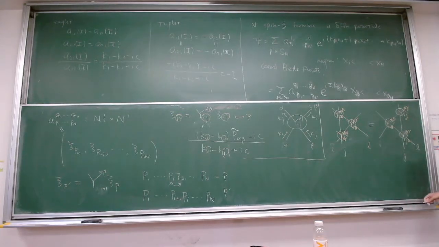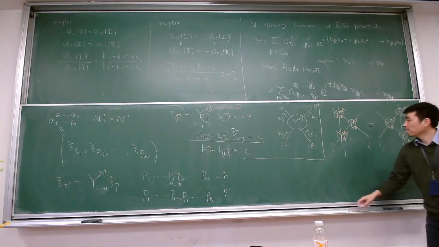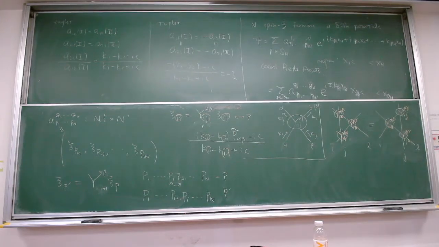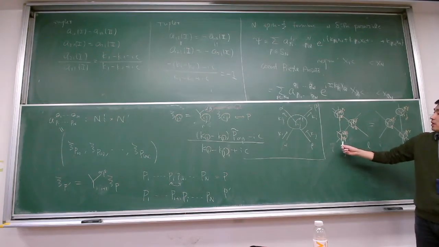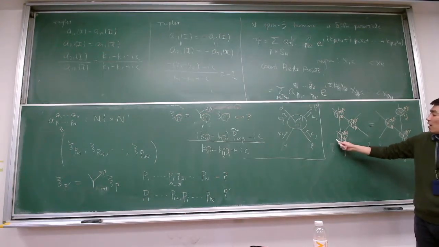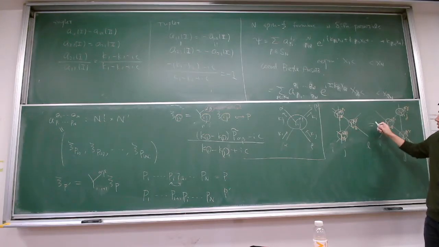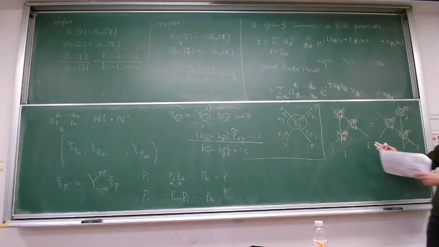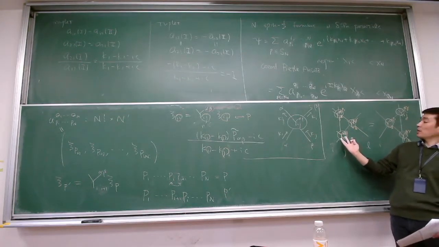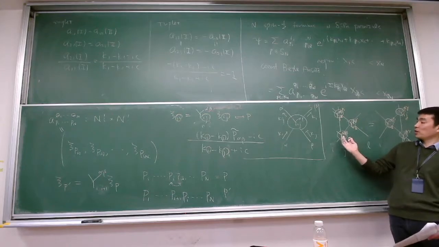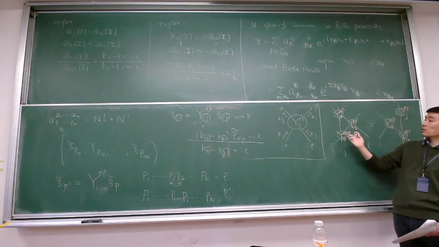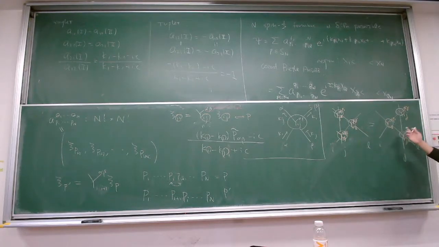So here you have the alpha particle and beta particle, and then here is gamma particle. And if you take them and cross them together, you assign this Y function, Y matrix, and so on.